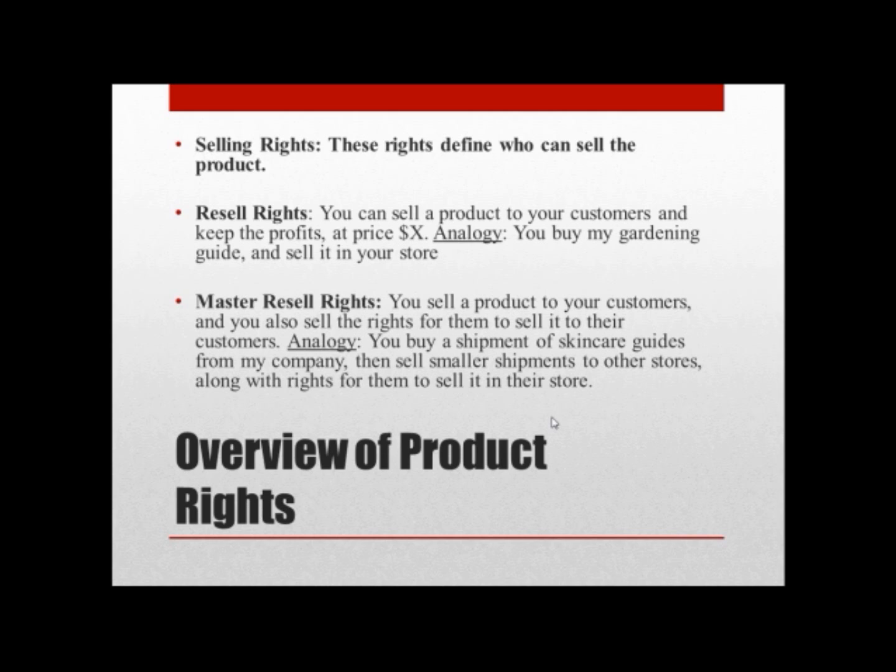One type of product rights are selling rights. These rights determine who can sell the products. For example, what resale rights are: you can sell the product to your customers and keep the profits at price X. Here's an analogy.